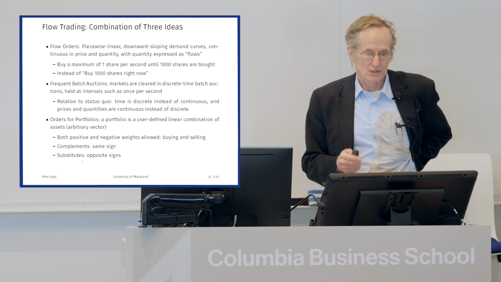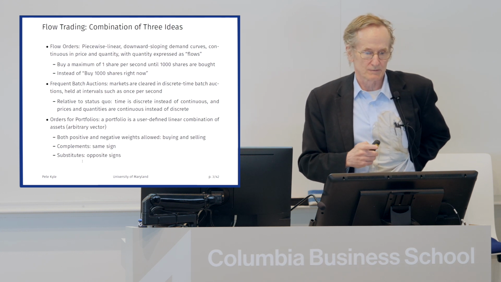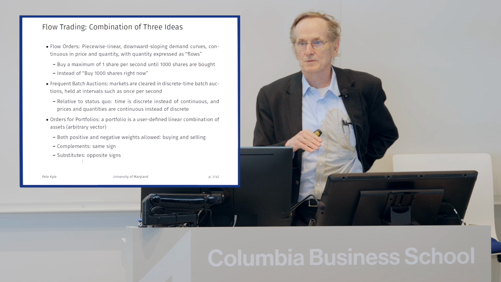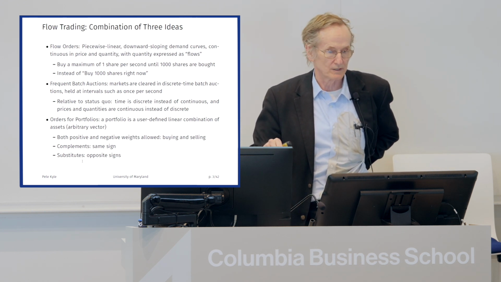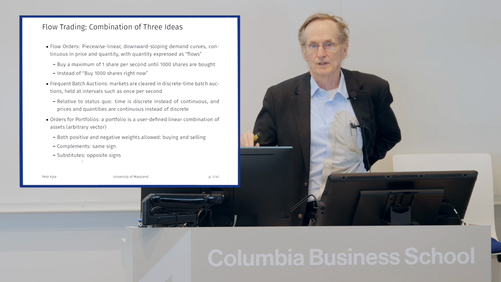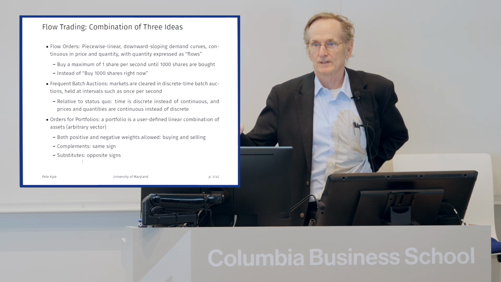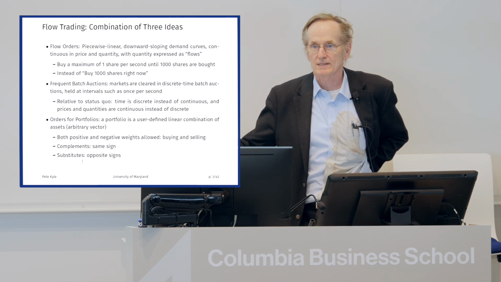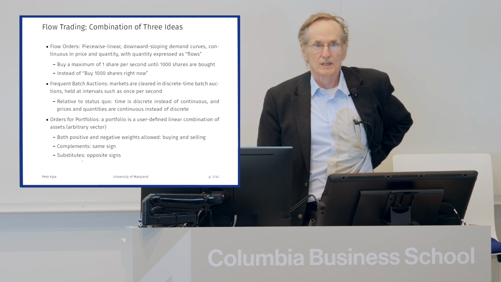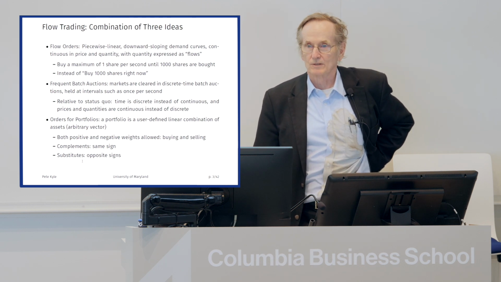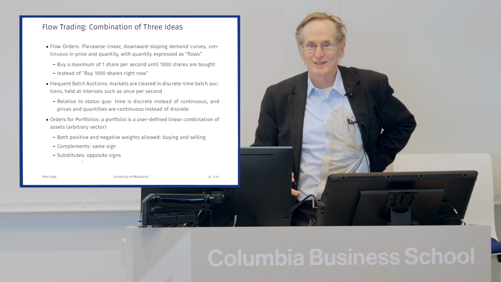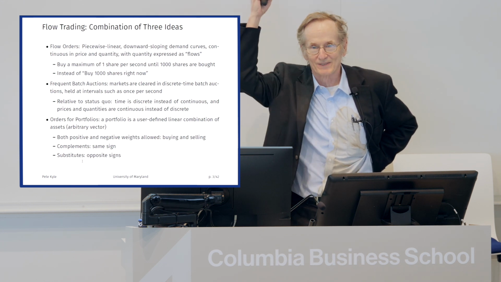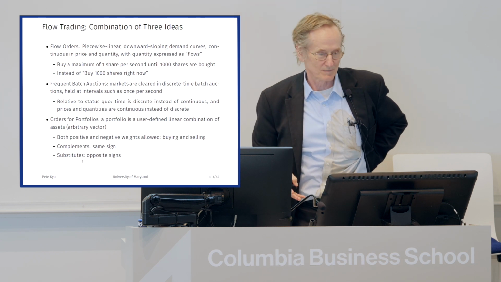And the third ingredient that we're talking about that's new to this paper and is the main focus of this paper is that orders are going to be for portfolios. So we define a portfolio similar to the way they're defined in finance as a linear combination of assets. And we're going to allow positive and negative weights. So the S&P 500 would be a portfolio with 500 positive weights if you want to buy the S&P 500, with 500 negative weights if you want to sell the S&P 500.